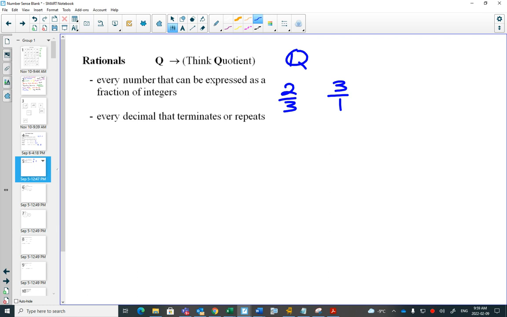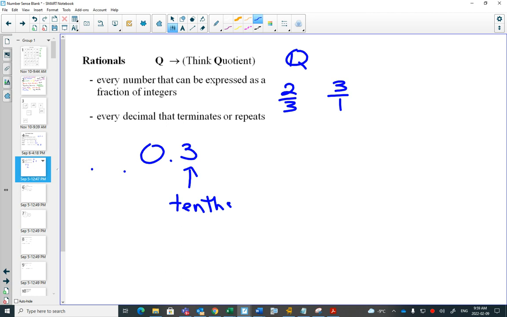Okay? Now, if you have a decimal, 0.3. In elementary school, you learned about decimals. Do you know what this place is called? Because there's ones and tens and hundreds. This is, oh yes, tenths.